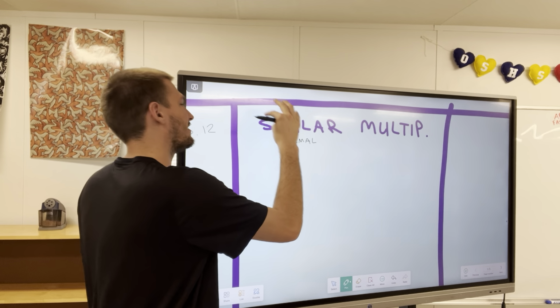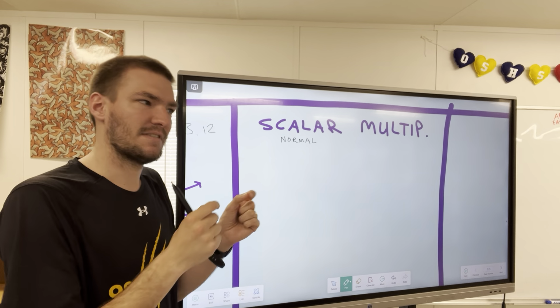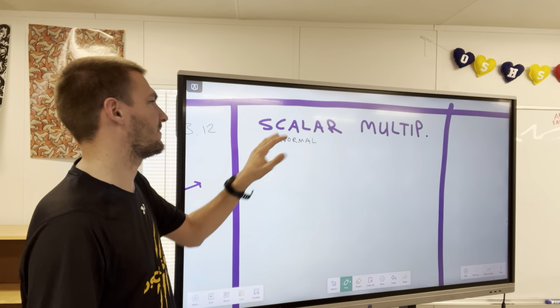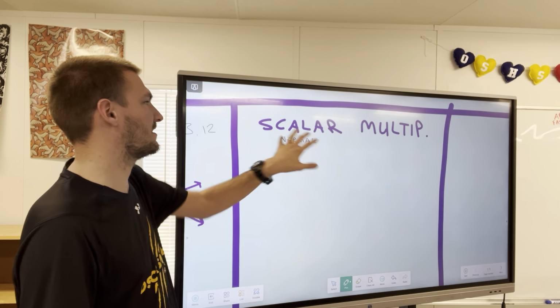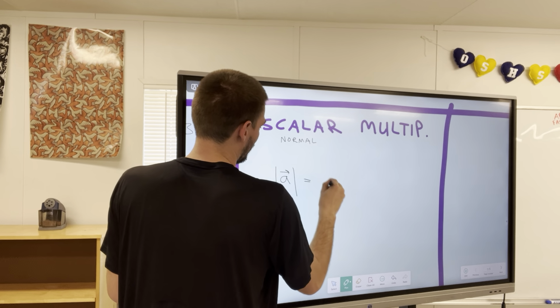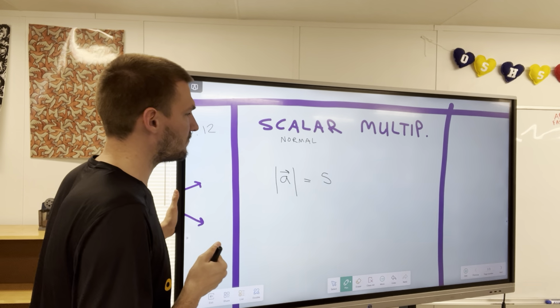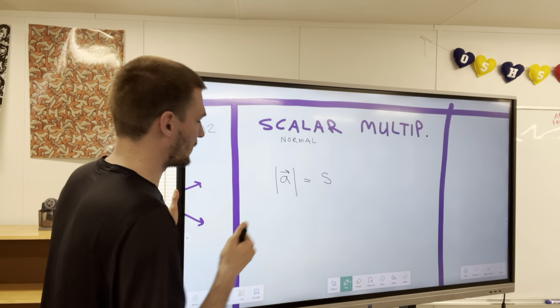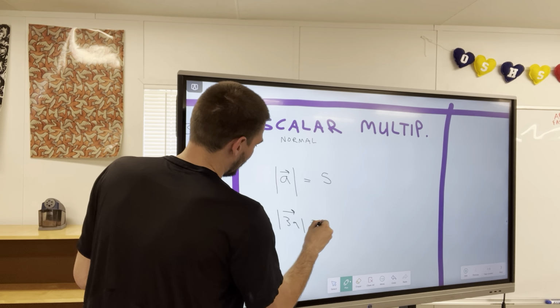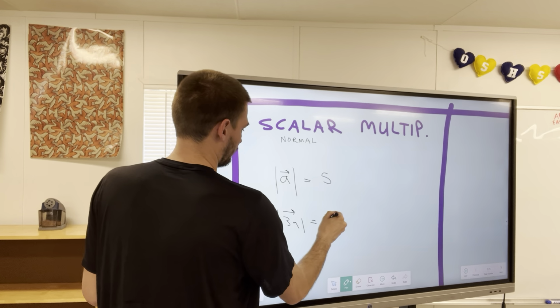And because a scalar number, does that sound more like the length of something or the direction of something? Scalar definitely is more in the same units as the magnitude, so it's going to affect the magnitude. So if we have, let's say, that the magnitude of A is equal to 5, well, the magnitude of 3A is going to be 15.